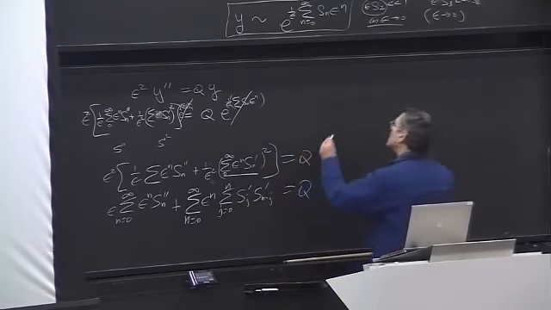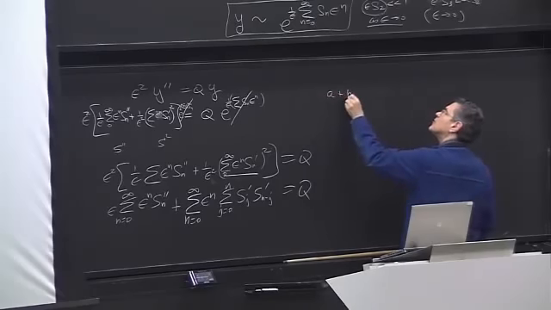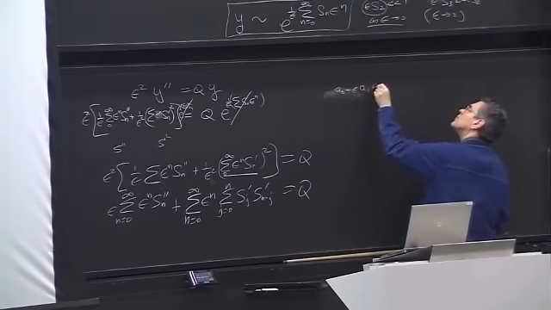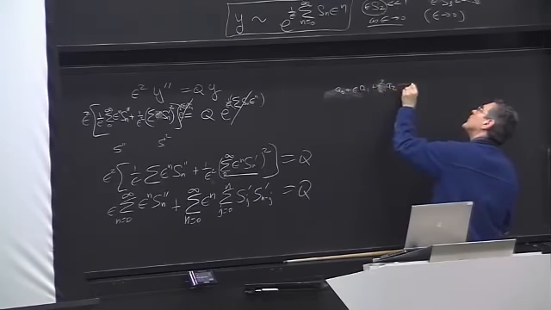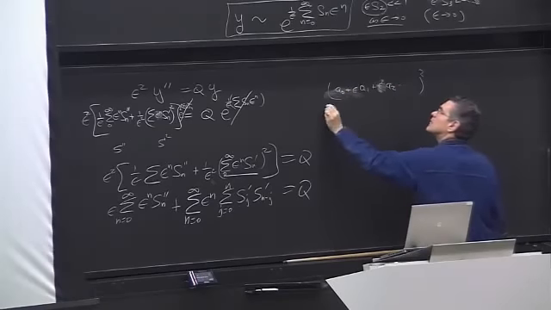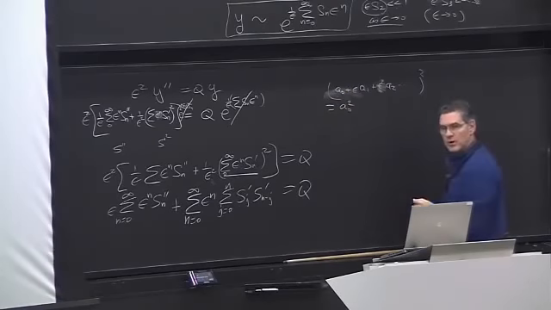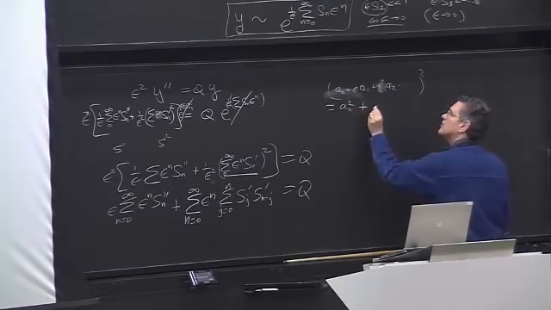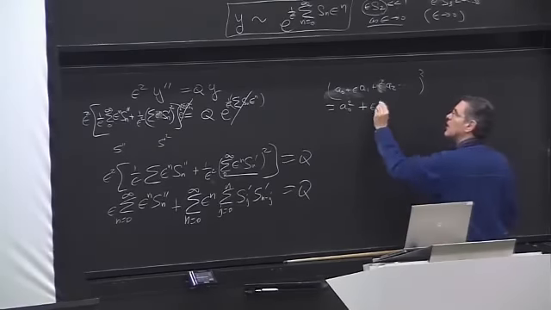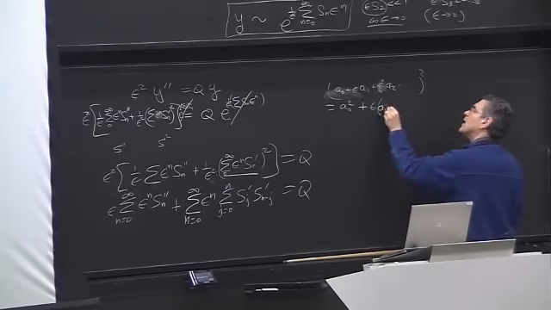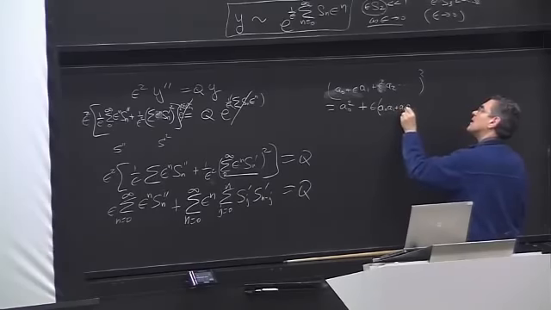Think about it. If you have a series a0 plus epsilon a1 plus epsilon squared a2 and so on, and you square it, the first term of the series is a0 squared. The next term is epsilon times (a0 a1 plus a1 a0).